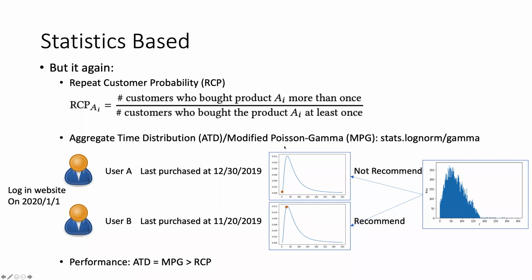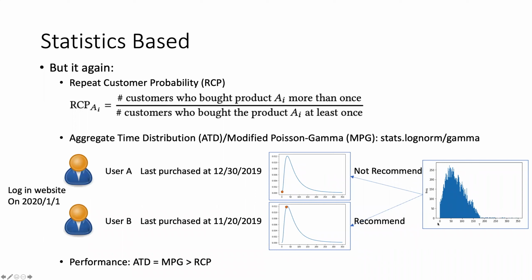Now, what is the modified Pareto gamma model? As you can see, the distribution is based on all the products, all the users on this product. So it doesn't distinguish. For example, user A probably is someone who always purchases it again at here. User B may be someone who always purchases it at here.